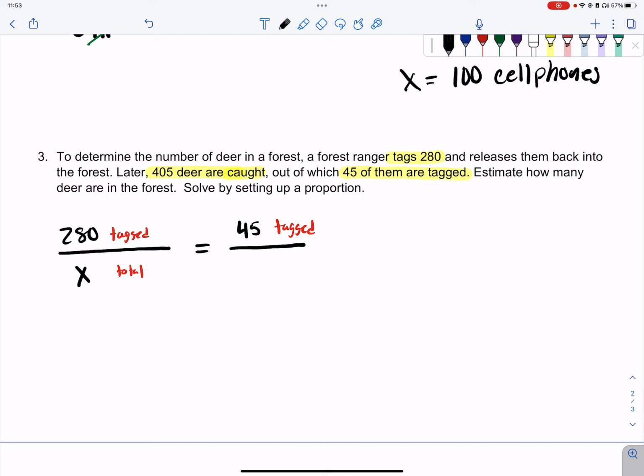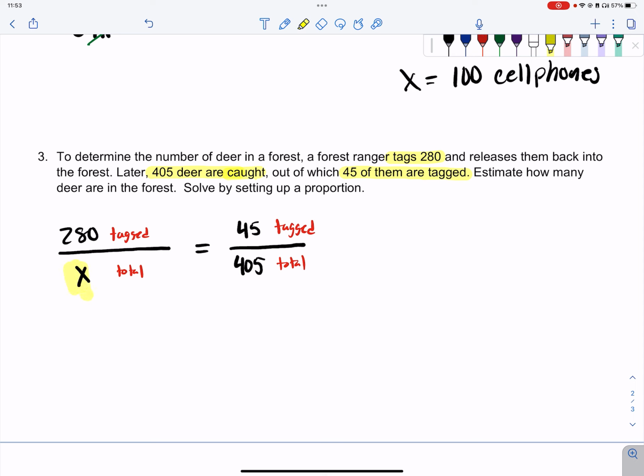And then I need to divide that by the 405, which is our total for that portion that they had caught. So now we have a proportion here that we can solve for our variable x.